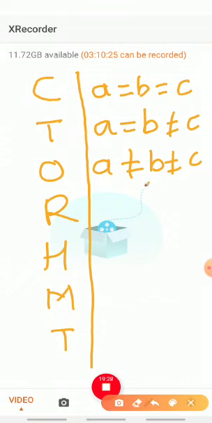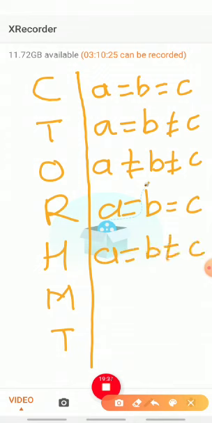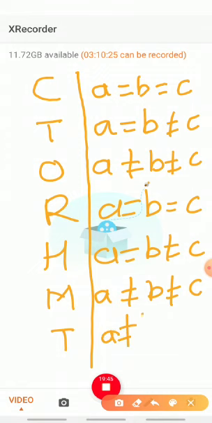Then again you can repeat from first, that is a = b = c, a = b ≠ c, a ≠ b ≠ c. Only one is left. Again the last one you have to repeat, that is a ≠ b, b ≠ c.